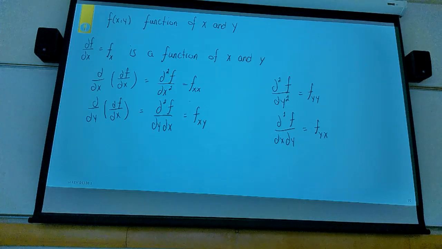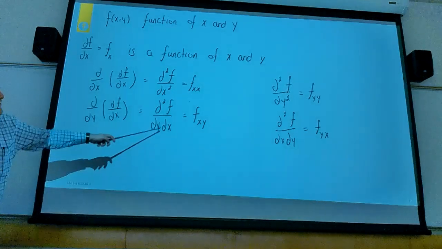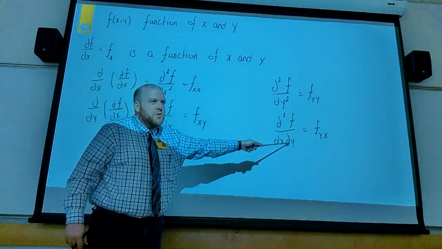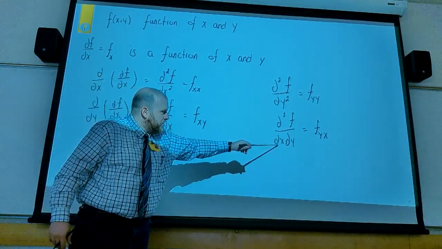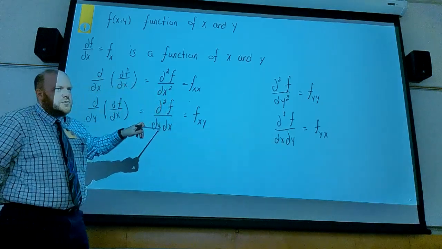This is for two variables. These we call mixed partials, right? Because two different variables.